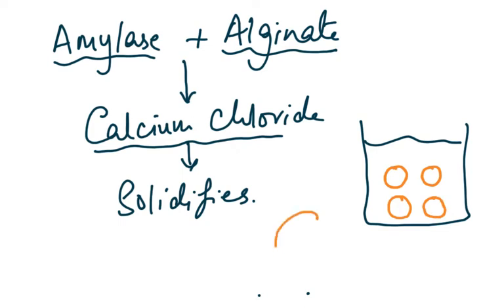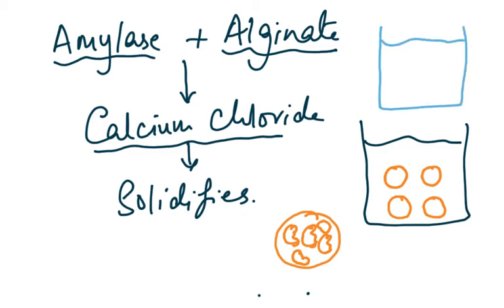What has actually happened is that these beads have the enzyme sticking to them. Please remember, enzyme is a very small molecule. So the enzymes are sticking to it, and now we can use these as we like. We can put them in starch, have them catalyze the reaction, and then reuse them again and again.